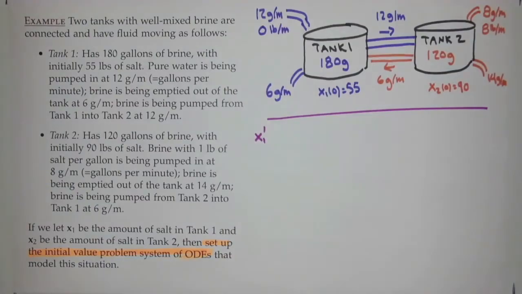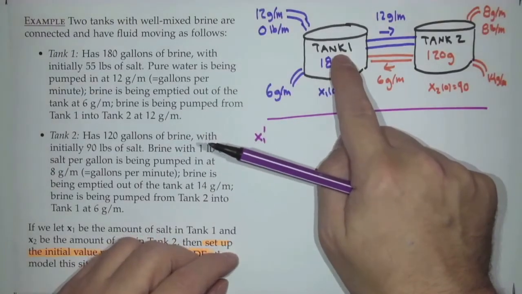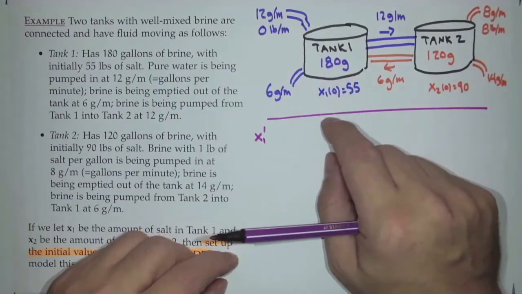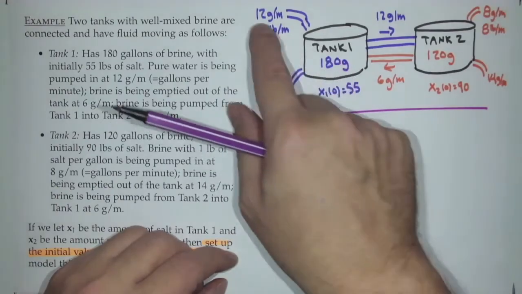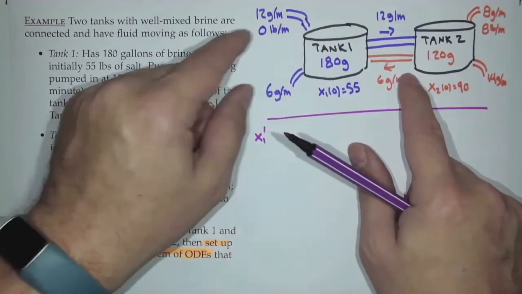How much is something changing? So x1 prime says, let's look at how much salt there is in tank 1 and see how it's changing. Salt can either come in or go out. Let's look at tank 1. Do you want to do in or out first? In. Okay, for tank 1 we do in, and the next will be out.